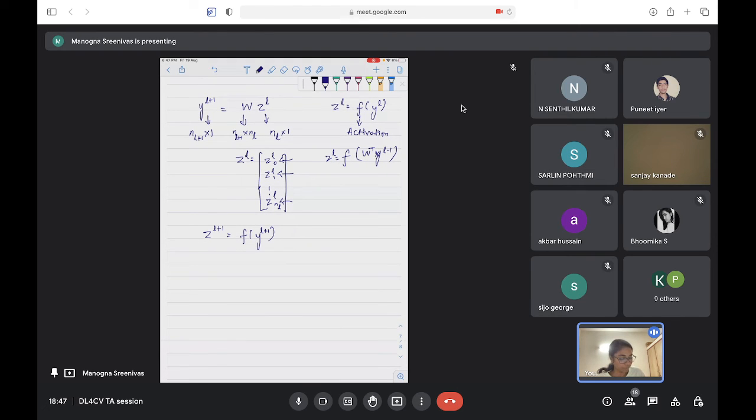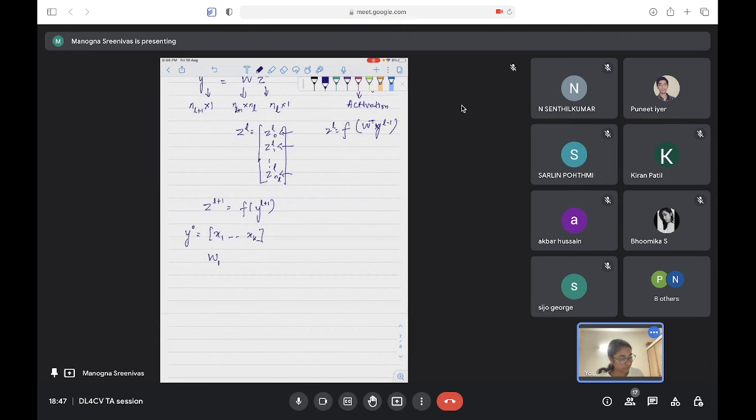So at the first step, I can take Y0 as equal to the X vectors, X1 to Xk. Then I pass it through a weight matrix. Let me represent all the connections from the 0th layer, that is from the input to the first layer, as W1 times Y0.